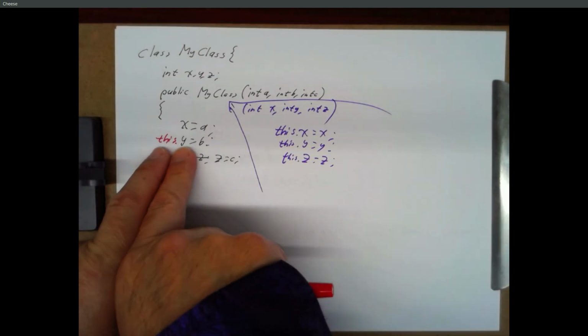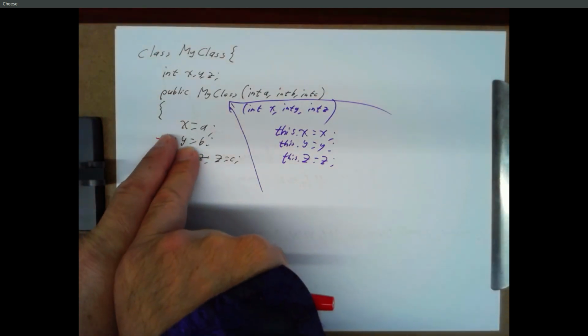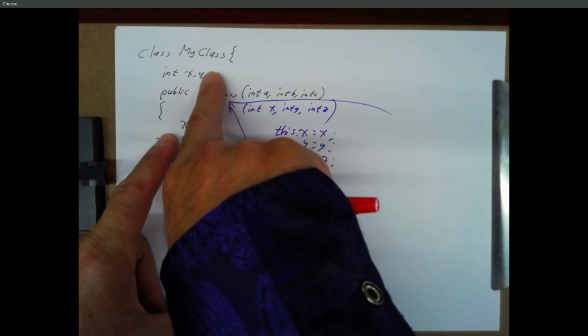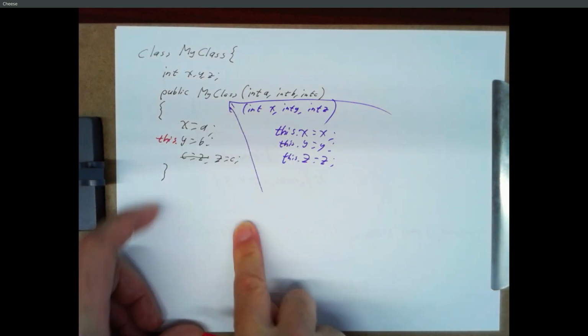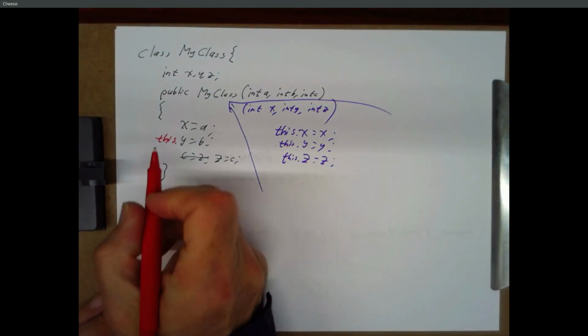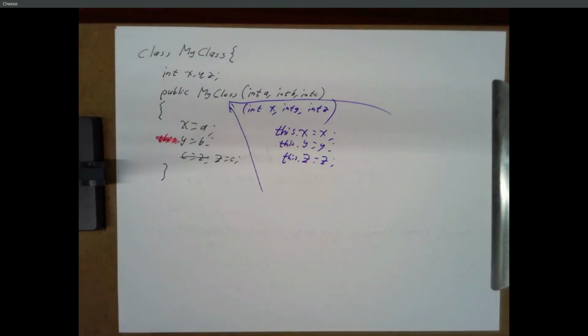There's no need to specify this dot y because there's only one y that has any meaning at this point, that's the class variable y. So you can do this, but it's extra. If you don't need it, you can leave that off. Otherwise, you can put this on every single variable that you use inside there, and it's way more stuff that you don't need.